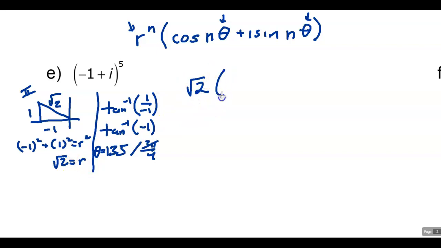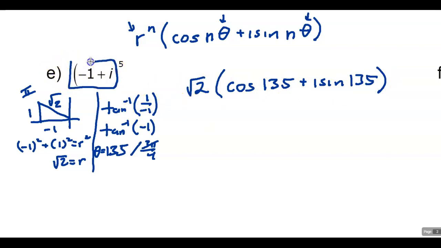Okay. So there's our theta, and we have an r, so we can write it in the right format. So we have √2 times cosine of 135 plus i sine of 135, and that's what this part right here is equal to. All right, we just wrote it in trigonometric form. So now it's raised to the 5th power, and we can just use this property.